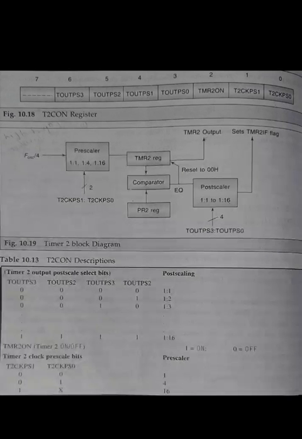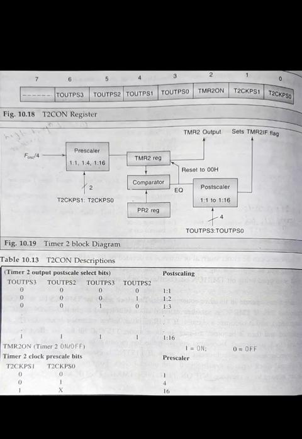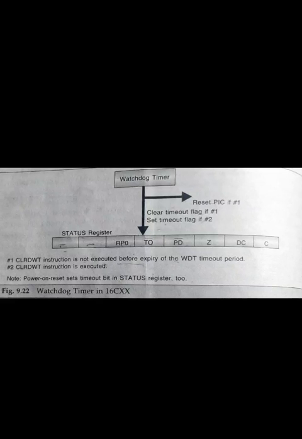And the additional timer is the watchdog timer. The figure shows the watchdog timer. The watchdog timer is used to prevent the processor from an endless loop. The watchdog timer will reset the PIC microcontroller if the instruction clear watchdog, CLRWDT, is not executed periodically.